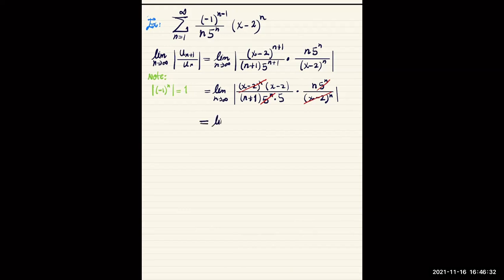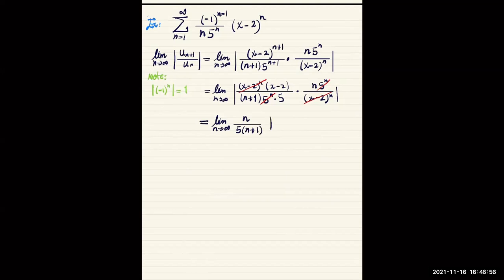So again, get things that are positive out of absolute value, and this is a positive factor. N plus 1 is positive. 5 can be taken out of absolute value, so take them all out. We have n over 5 times n plus 1.